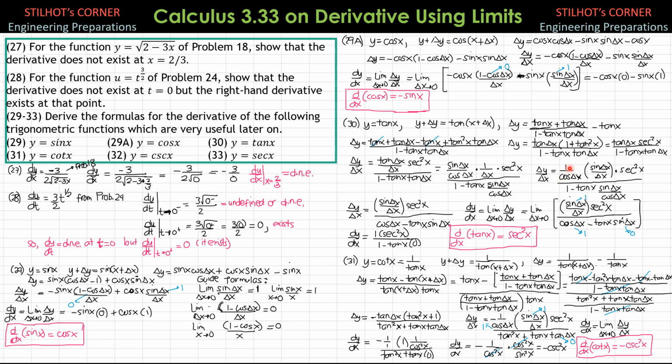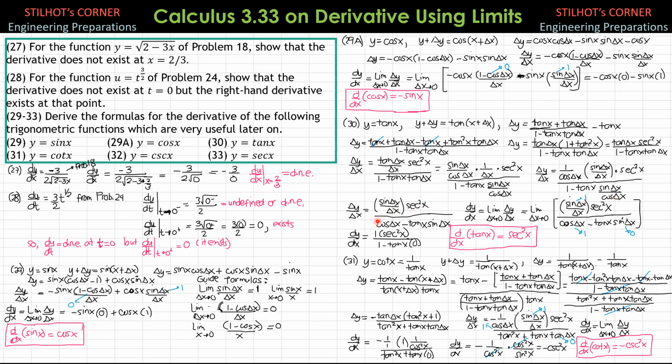So delta y is 1 over cosine delta x. Then let's form this ratio, sine delta x over delta x times secant square x all over 1 minus tangent x sine delta x over cosine delta x.